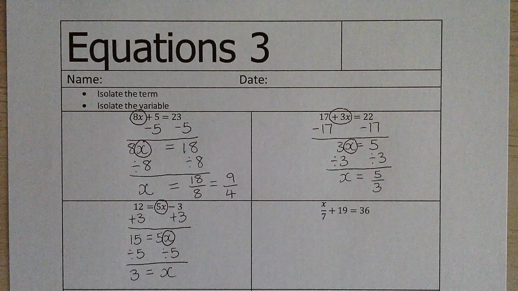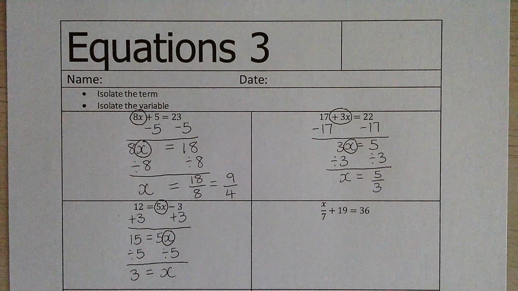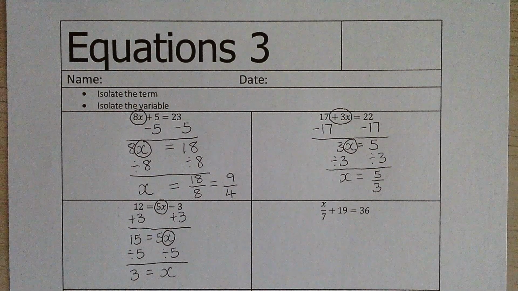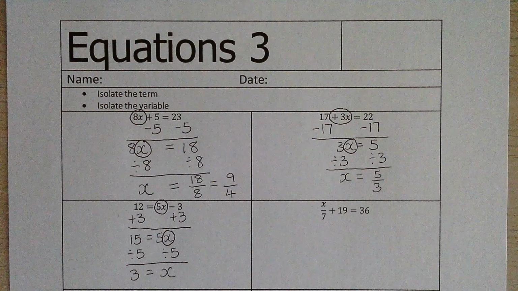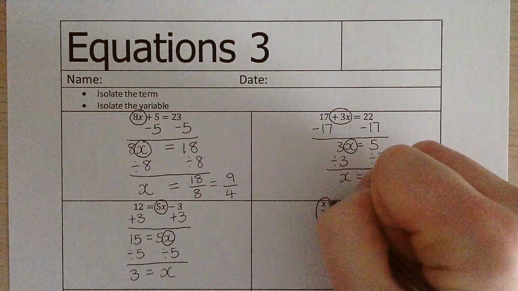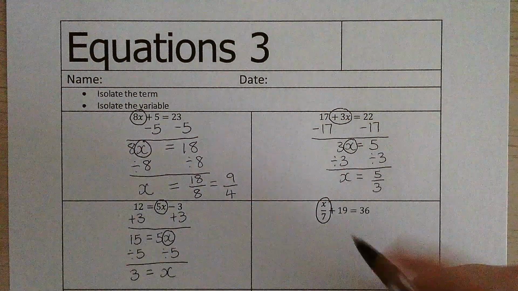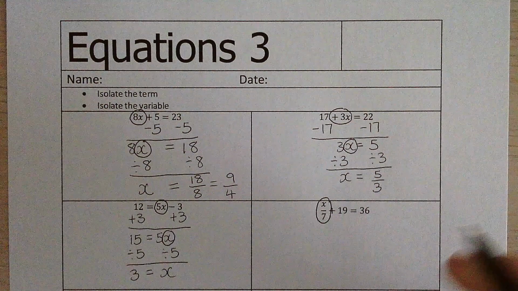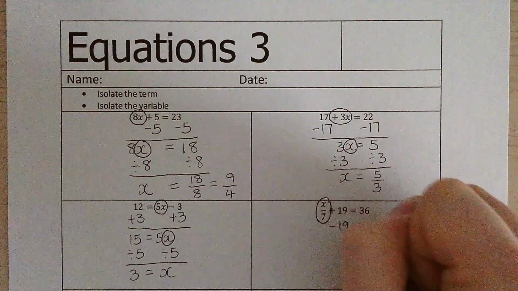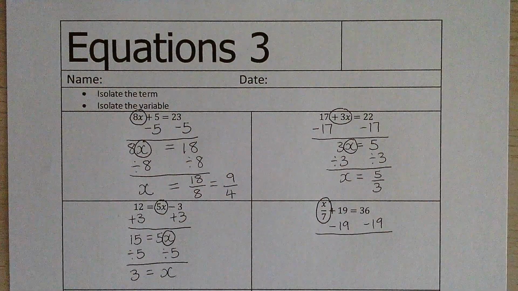Our next question is x divided by 7 add 19 equals 36. Again, we need to isolate the term that contains the variable. This term is x divided by 7. I need to get rid of the add 19, so subtracting 19 from both sides will do this.